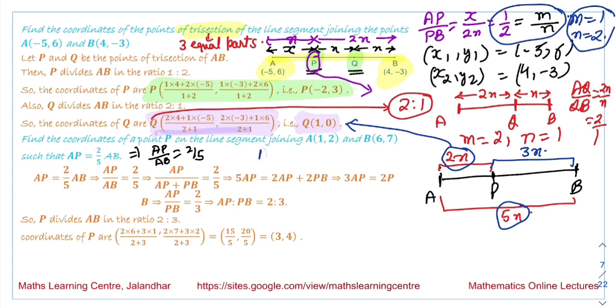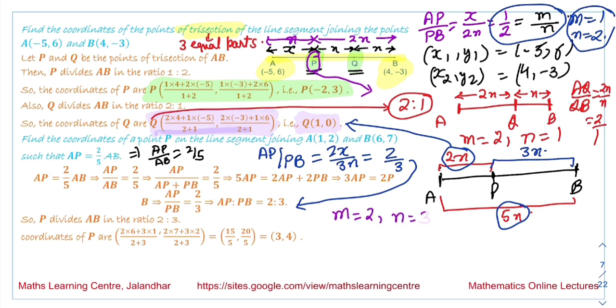So what we get is that AP over PB is equal to 2x over 3x, that is equal to 2 by 3. So the ratio we are getting is 2 is to 3. So the value of M we have as 2, value of N we have is 3, x1 we have 1, y1 we have 2, x2 we have 6, y2 we have 7.